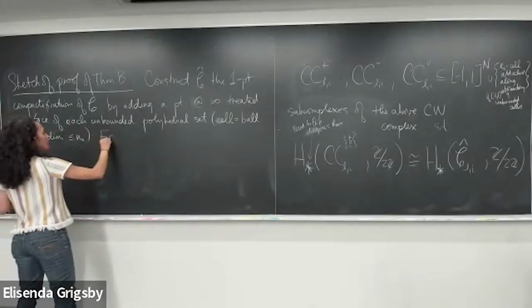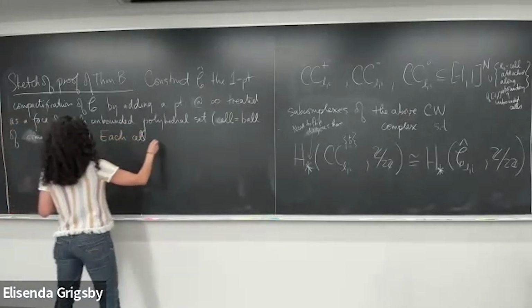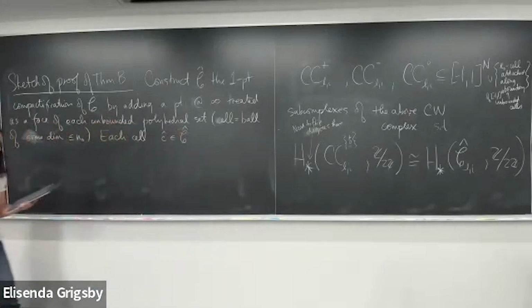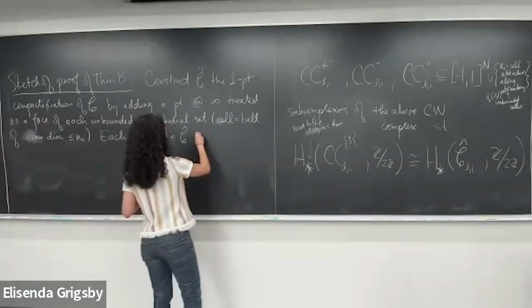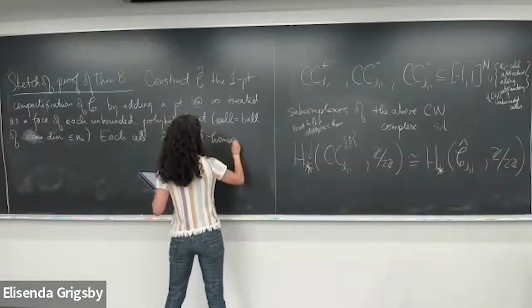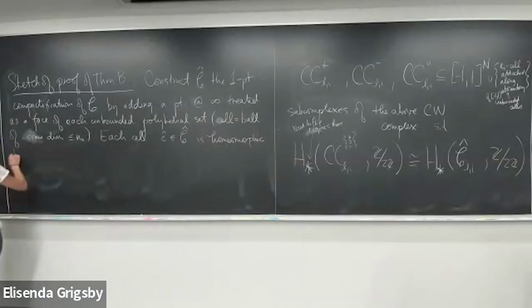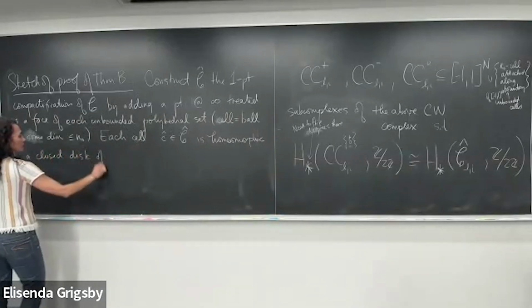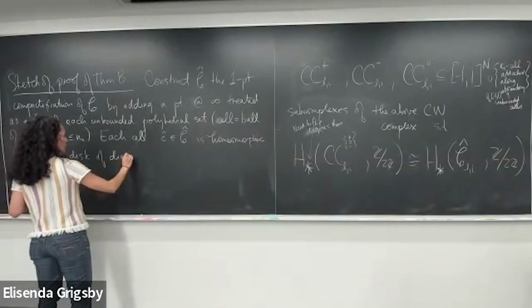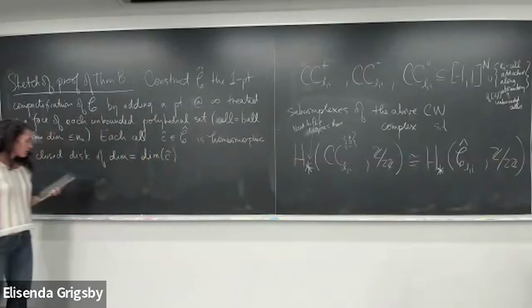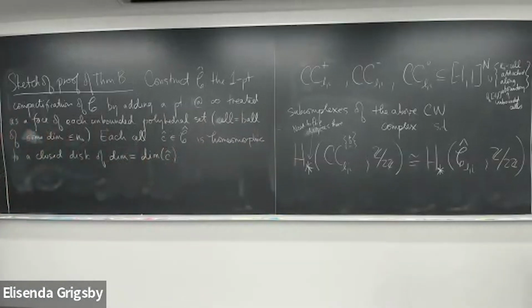Each cell, like I said, is homeomorphic to a closed disk, with dimension equal to its dimension as a polyhedral set. And the face maps are coming from the structure as a polyhedral complex.